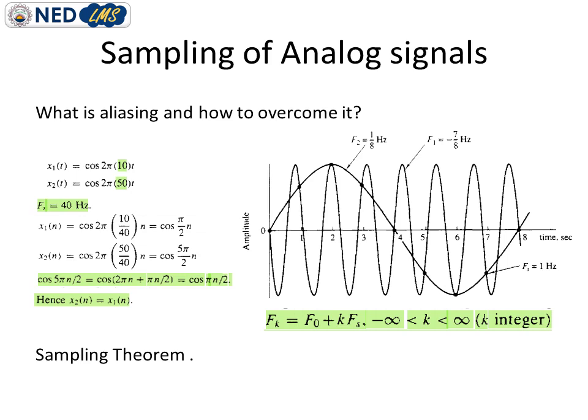We need to know the relationship between these two terms. So here is the relationship indicated by the highlighter. Please see the pointer. fk is equal to f0 plus k fs. fs is the sampling frequency.